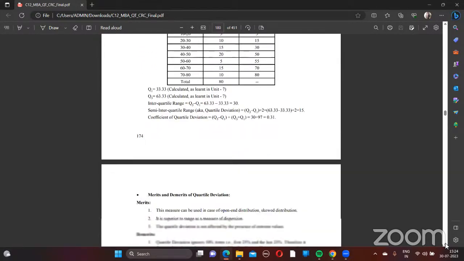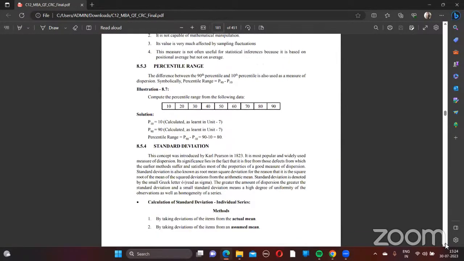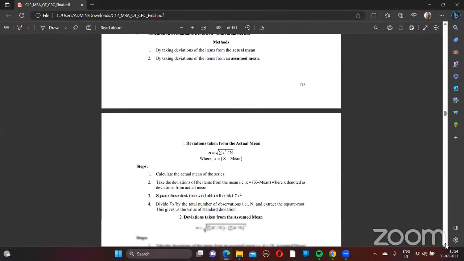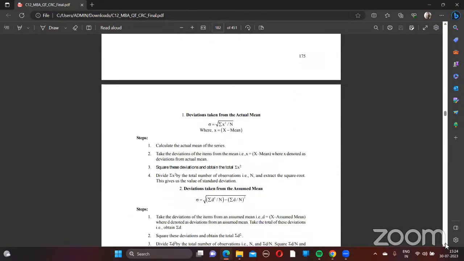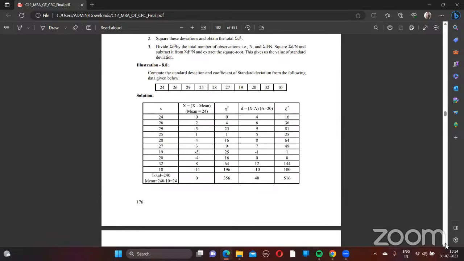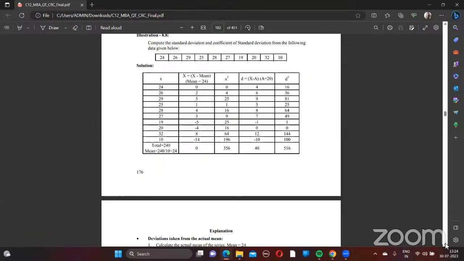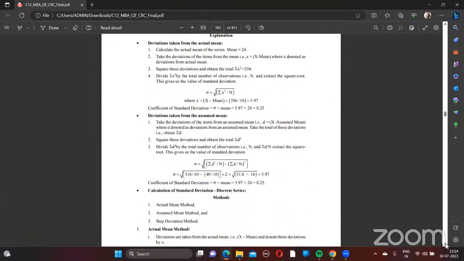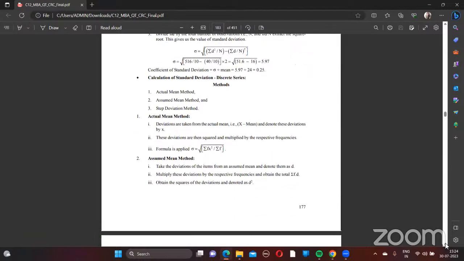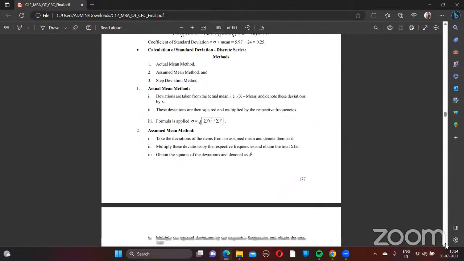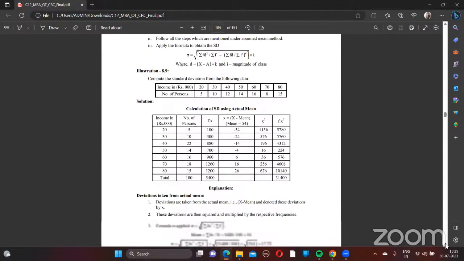We discussed about the range, standard deviation, and in the standard deviation, we need to discuss about the coefficient of variance.